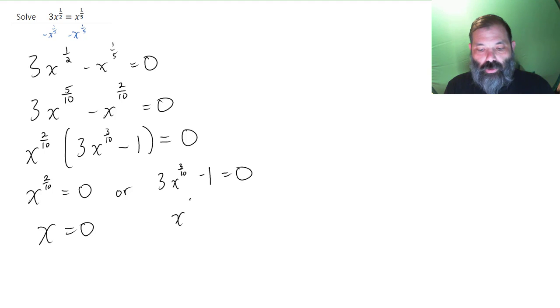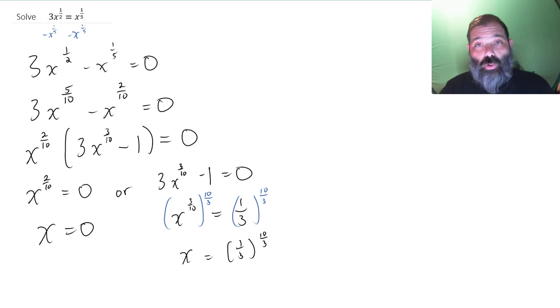Then x to the 3/10 power, 0 plus 1 is 1, divided by 3 is 1/3. And now to isolate x, I will raise both sides of that equation to the 10/3 power. So then x to the first power, or more simply x, is 1/3 raised to the 10/3 power.